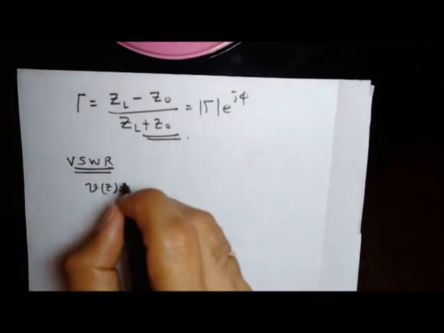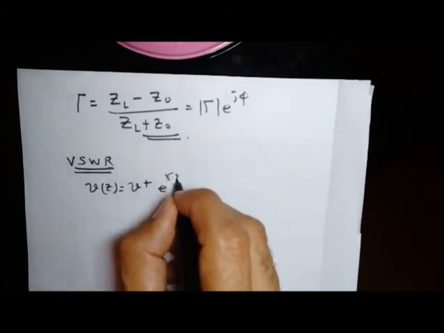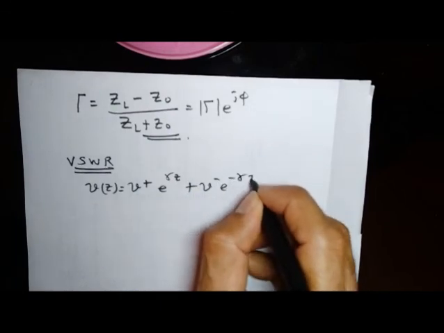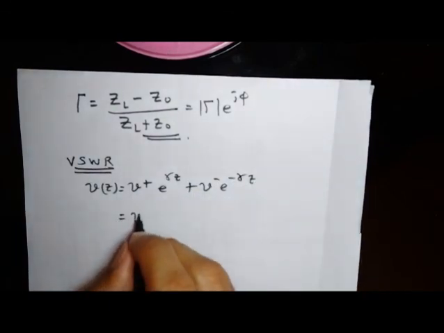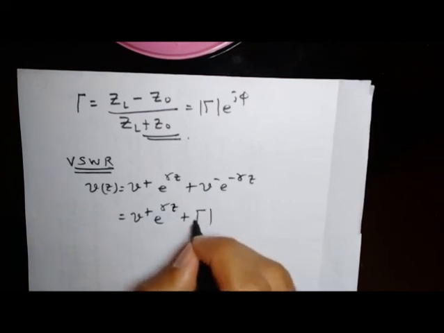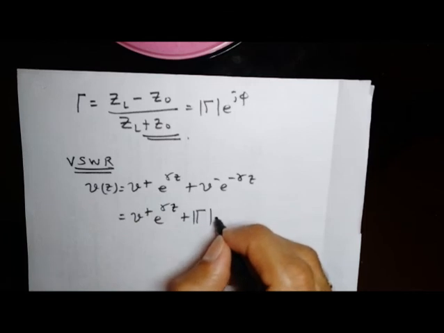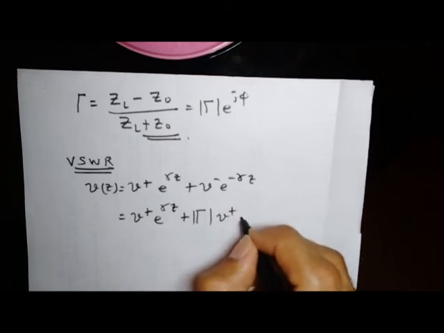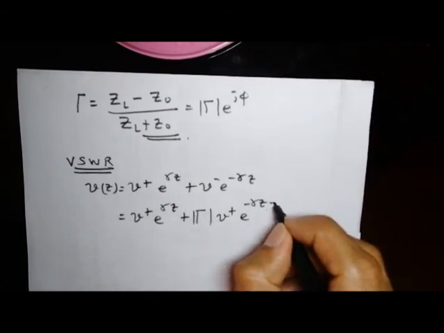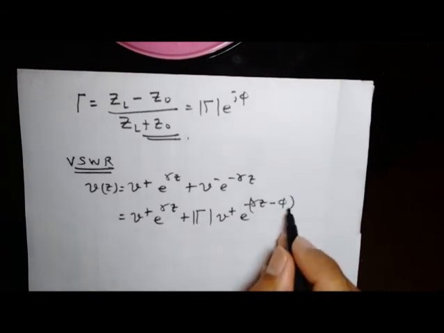So V plus e power gamma Z plus V minus e power minus gamma Z. We can write it as V plus e power gamma Z plus gamma V plus e power minus gamma Z, because V minus by V plus is gamma. Since I put the magnitude here, I will put a phase term here, so I absorb the phase part here.